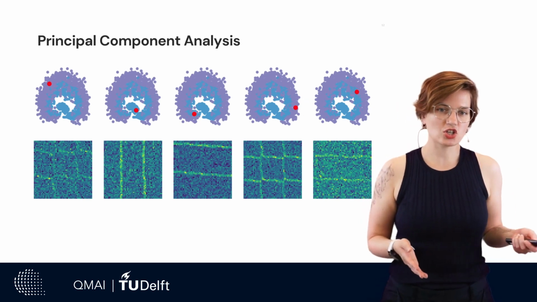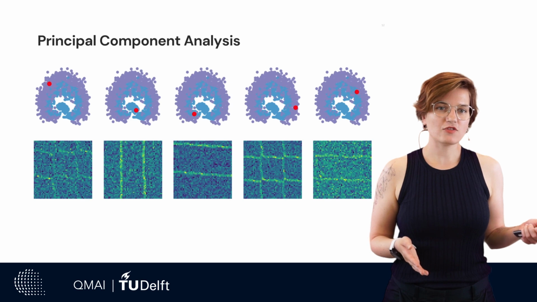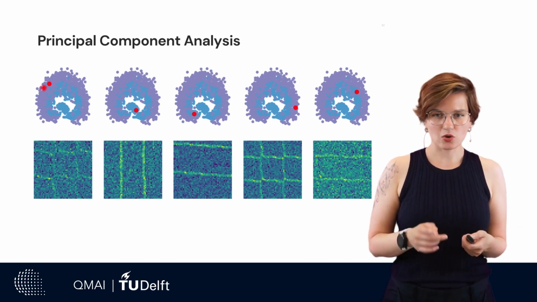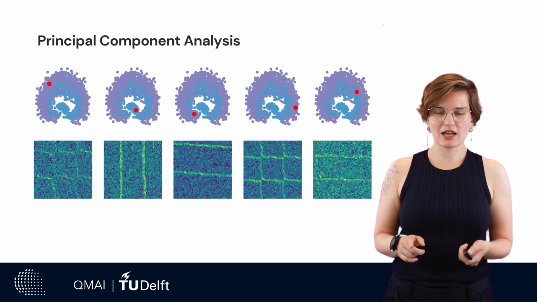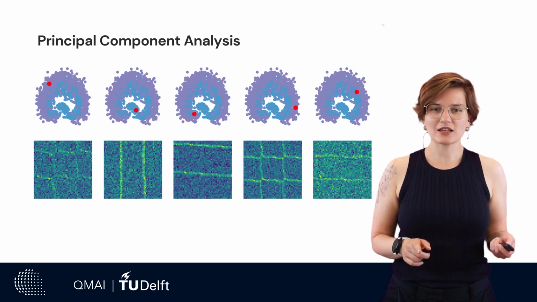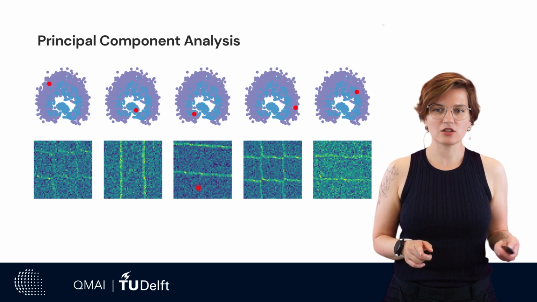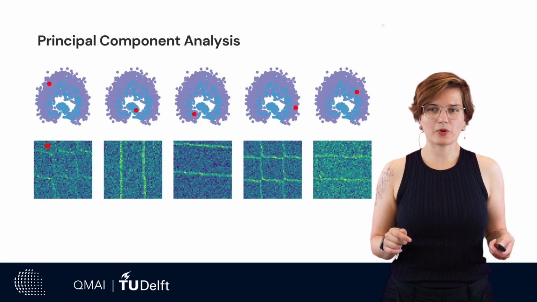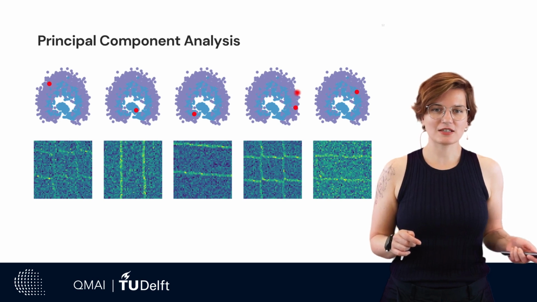For each charge stability diagram, we give you a red dot showing where it lies in a cluster. Looking at the images below and the red dots, you will quickly realize that if I have a double dot, which is this one and this one, I'm in the purple regime. And if I have a single dot, I am in the blue.